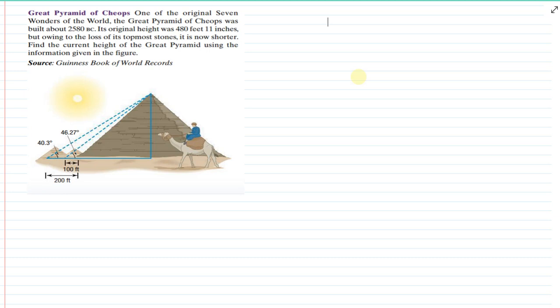So let's try to work this one. Now for this one, we're given a couple of triangles here, right? So let me draw these triangles away from the figure itself. All right, so this is what I mean. I'm going to draw a triangle this way. So this is the height that we are seeking, call it h.